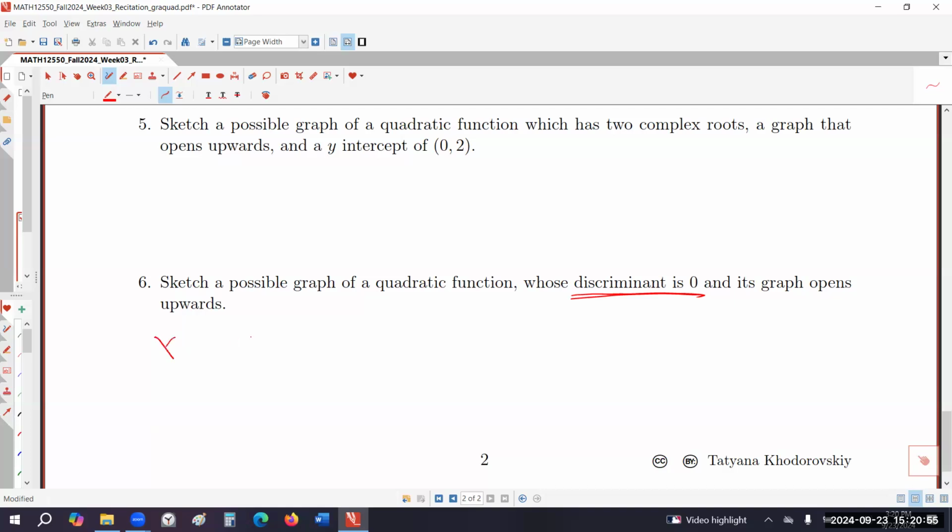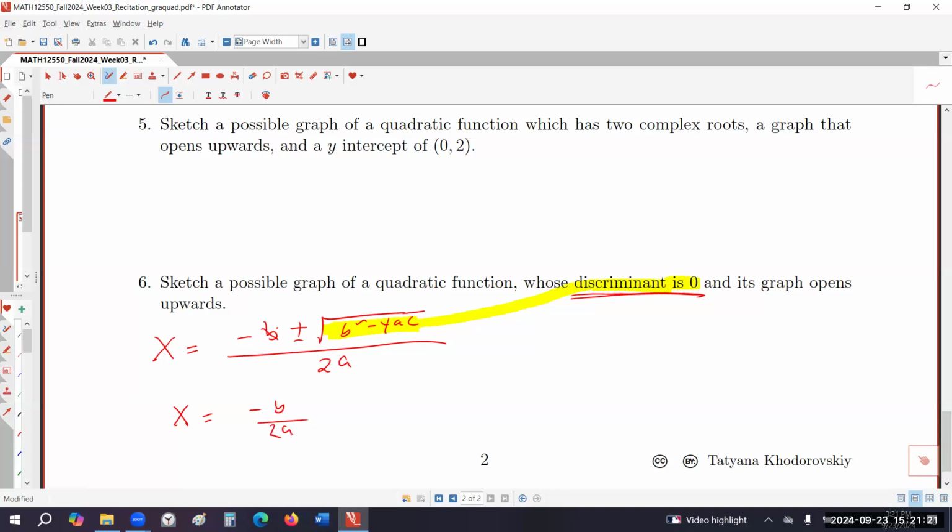Good. So when you solve for x-intercept, we have -b plus minus square root of b squared minus 4ac, whole thing divided by 2a. They are saying that this portion, this discriminant, is 0. It means you have your x-intercept -b over 2a.